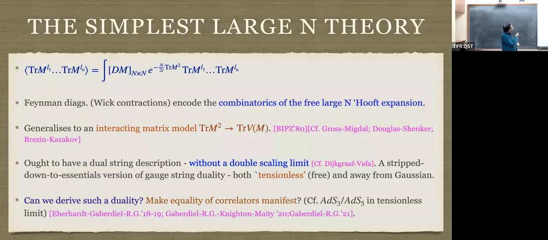There is, if you wish, a set of numbers labeled by the positive integers L1 to Ln, and I have omitted here the genus, but there would be a genus G contribution.